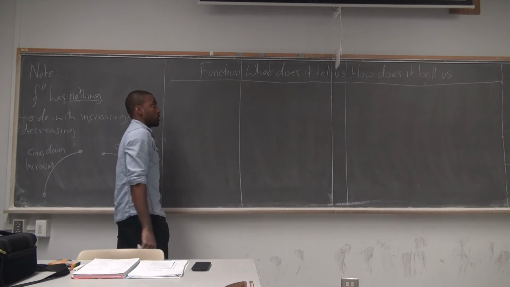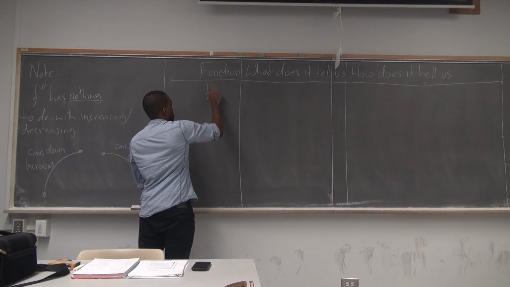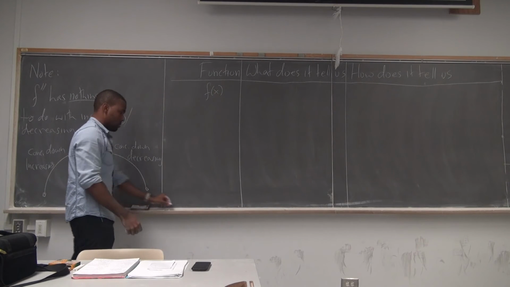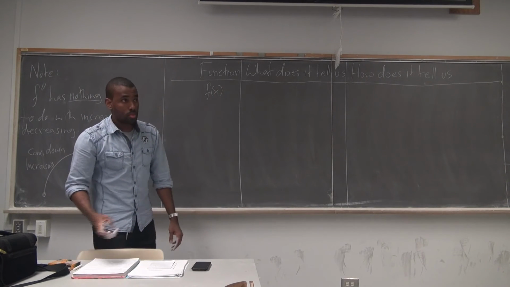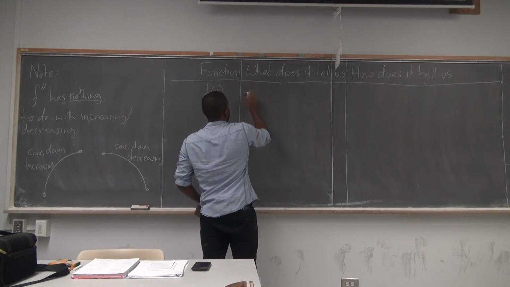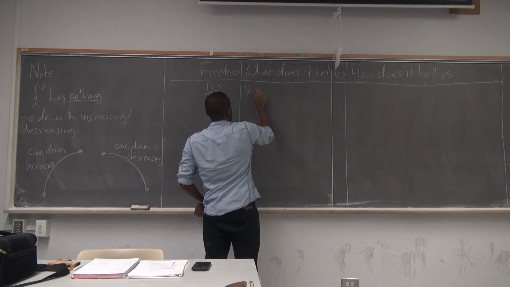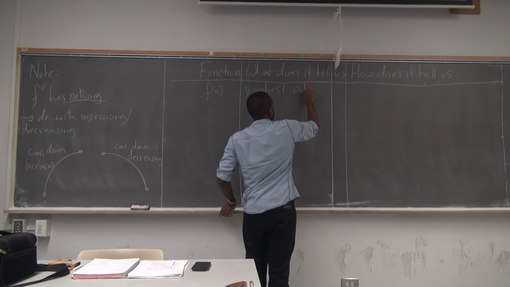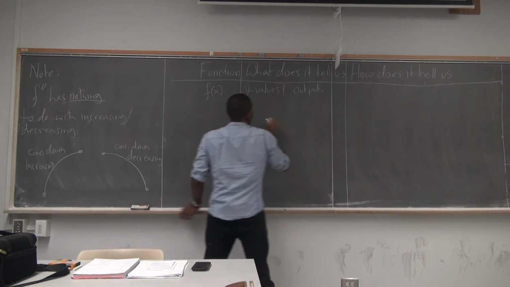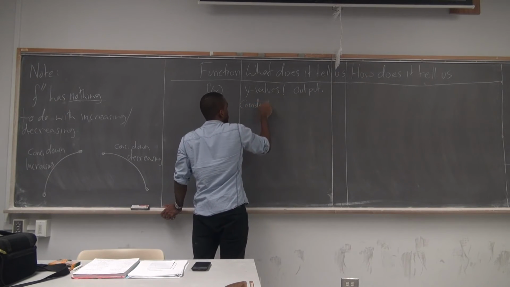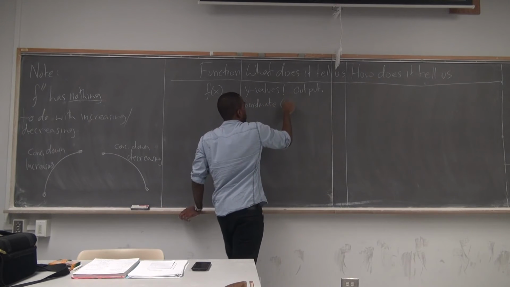So let's look at the original function, f of x. What information do we get from f of x? What does f of x tell us? The y values, the output, the coordinates, the coordinate you're at, x comma y.